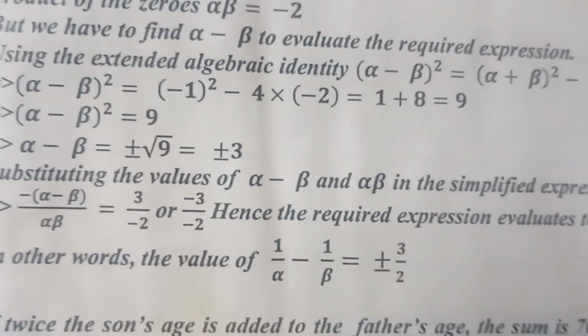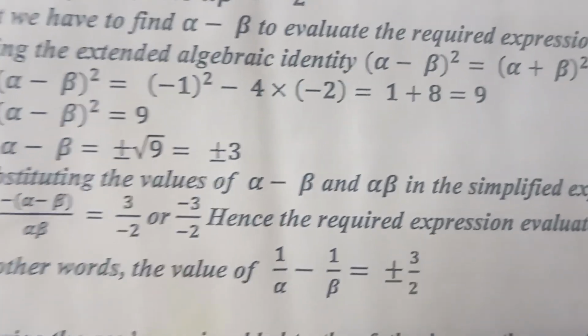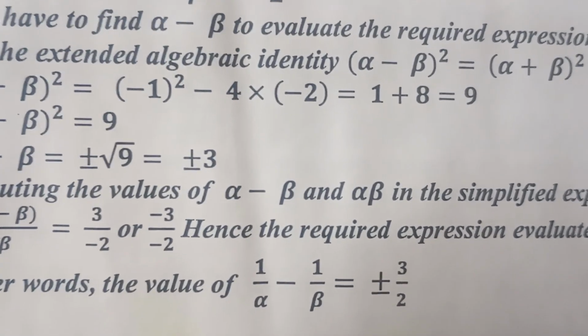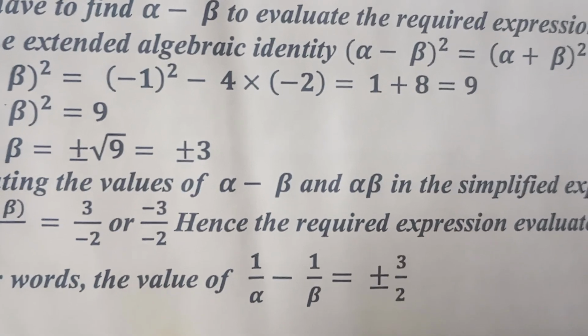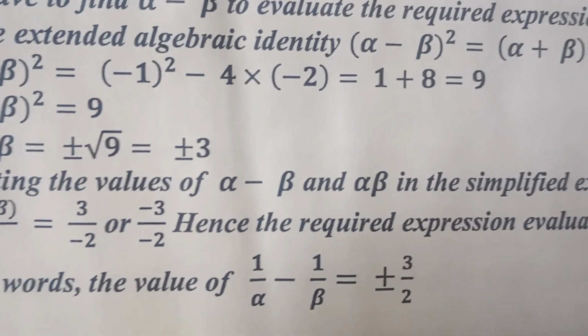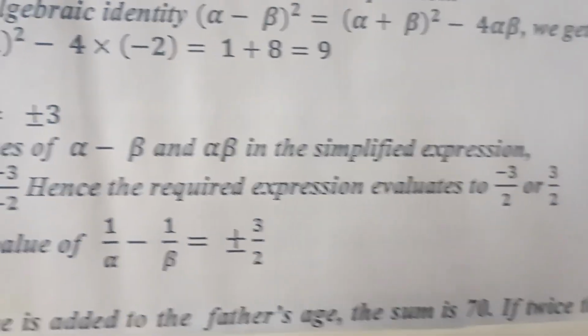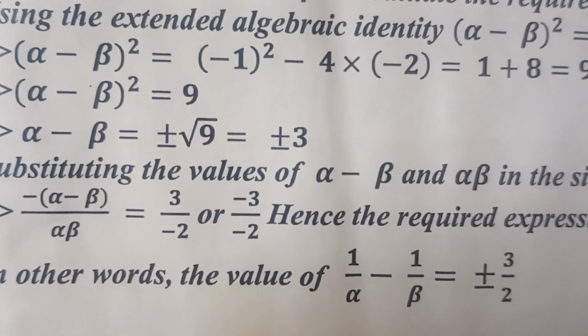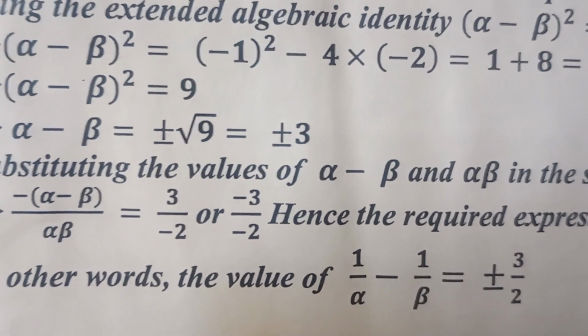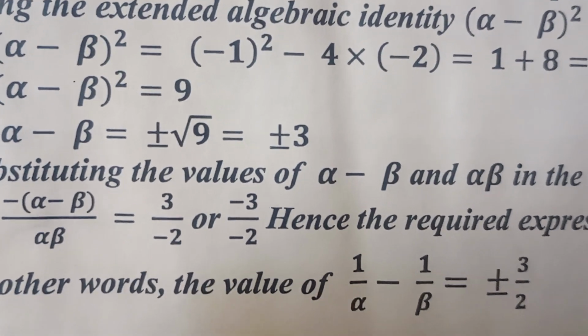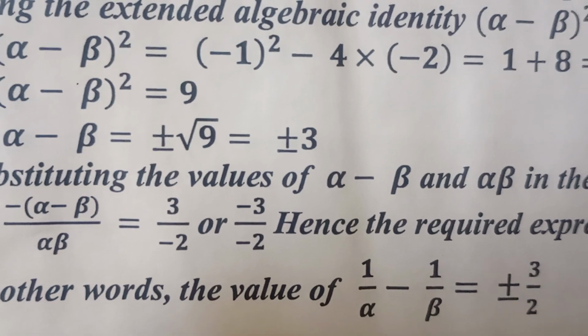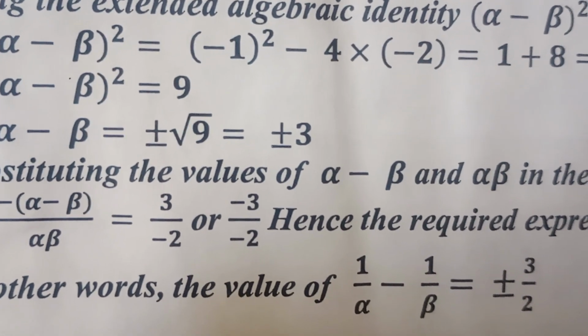Now substituting the values of alpha minus beta and alpha beta in the simplified expression, which is minus of alpha minus beta by alpha beta. We either use plus 3 or minus 3.